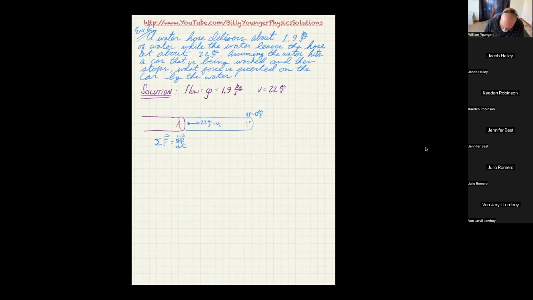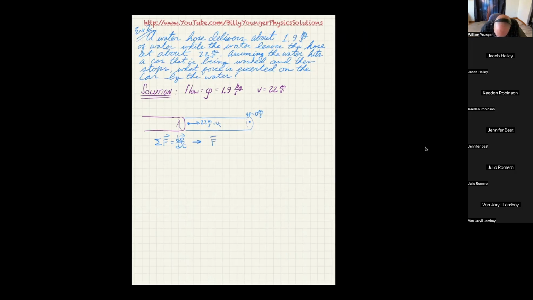So that makes it kind of nice. We can actually interpret this again, realizing that the only force that matters in this particular problem for this small amount of time really is the force that the car is going to exert on the water, which happens to be the same as the force that the water is going to exert on the car, but in the opposite direction. So I'm going to go ahead and say, let's let this be an average force.